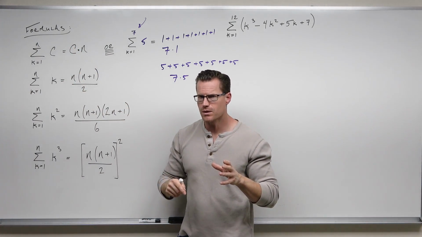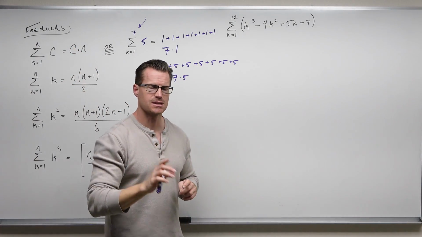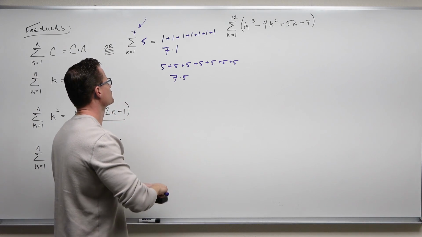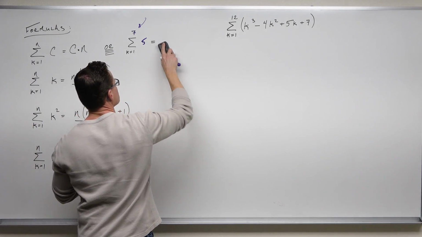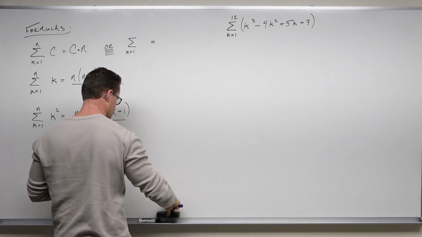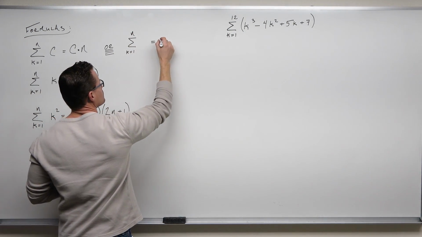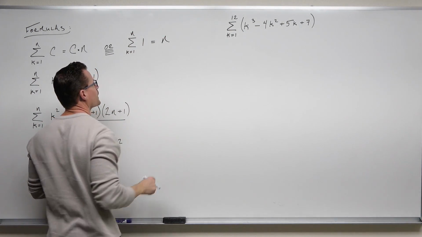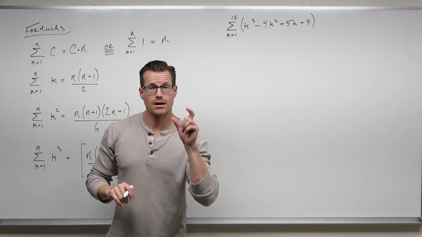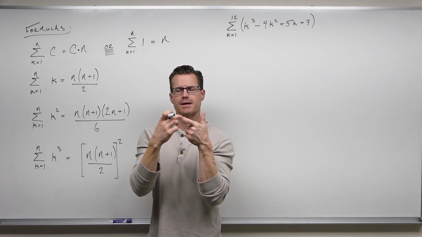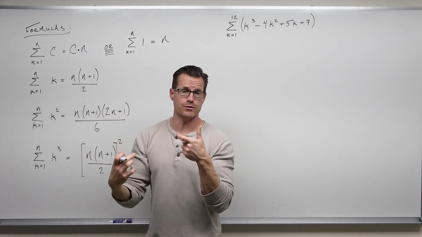The other way that you can view this, and this is why it says or, is this, and it's quite important. You can always take a constant being multiplied by something inside of your series and move it in front of the series.